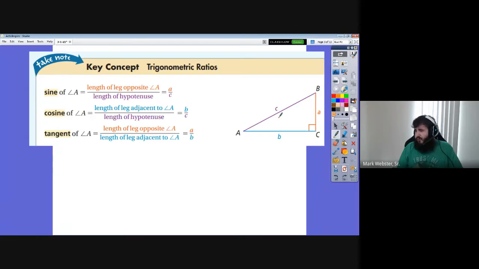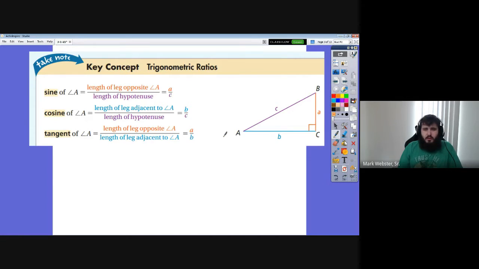So just like your 45, 45, 90, your 30, 60, 90, they're all in a certain ratio. Same thing with all the other ones. It just so happens that unlike the 45, 45, 90, and the 30, 60, 90, the ratios that we get are usually pretty ugly.